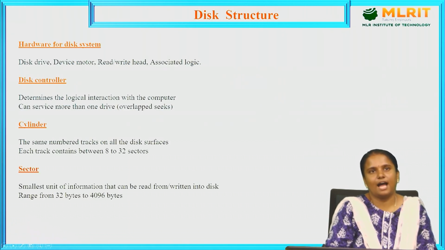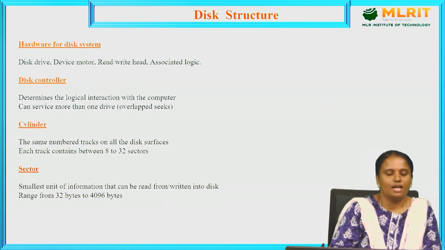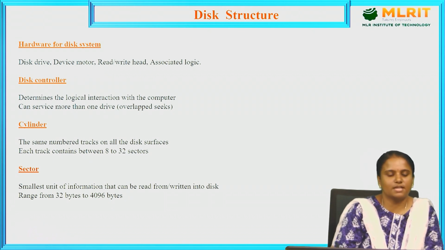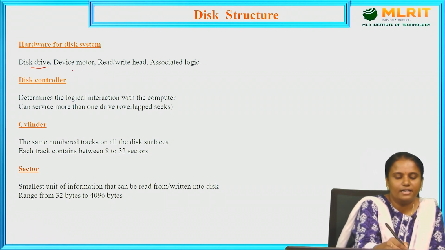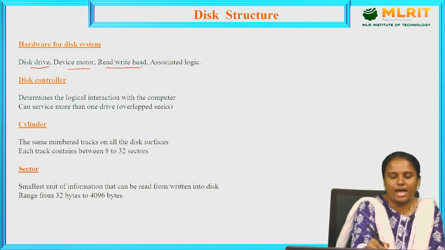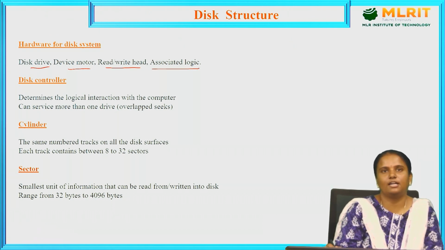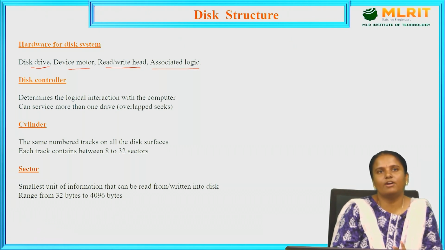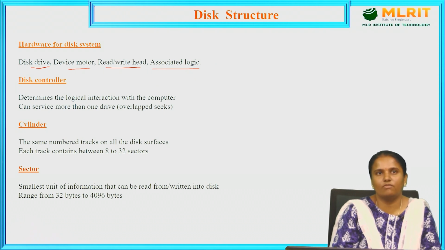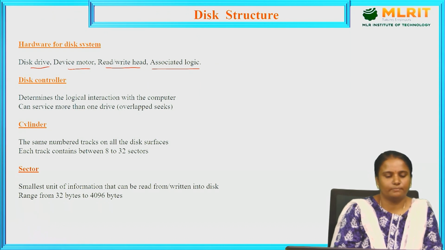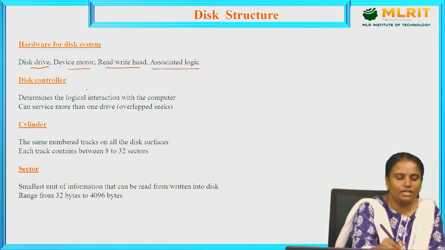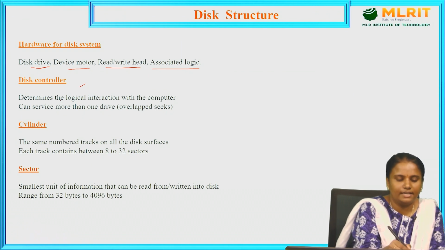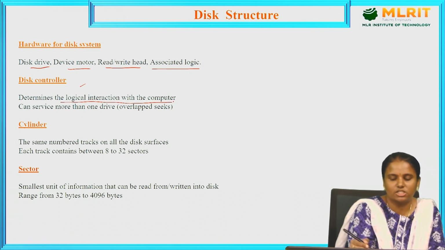First, hardware for the disk system. The hardware of the disk system consists of the disk drive, device motor, read write head and associated logic. What is the disk controller used for? The disk controller determines the logical interaction with the computer.